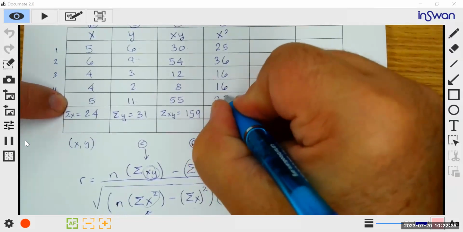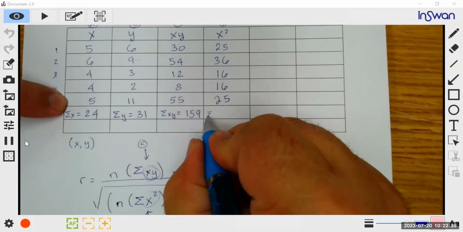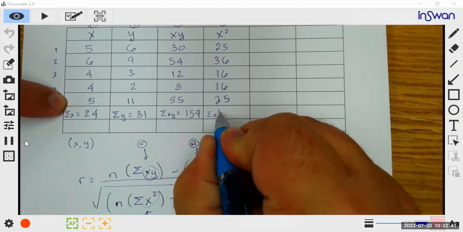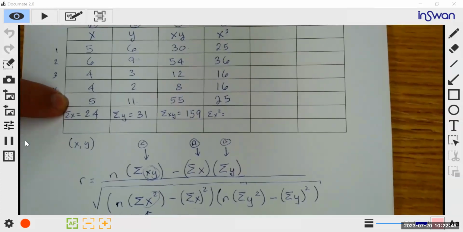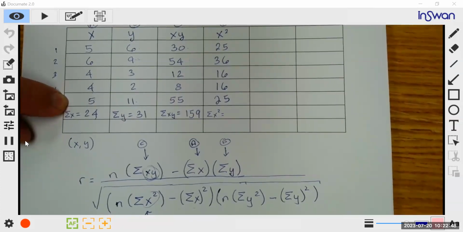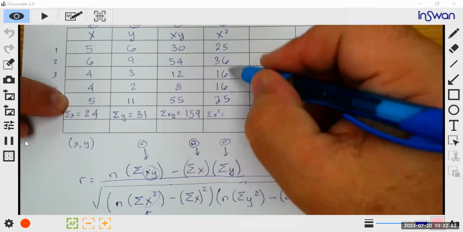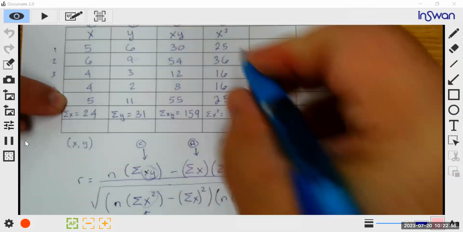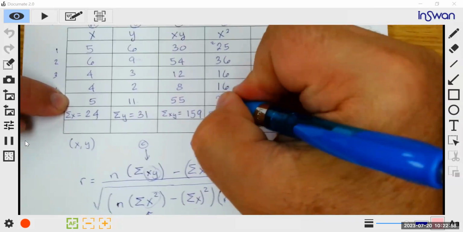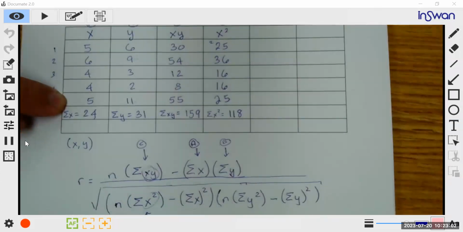And 5 squared is 25. So now I add up all my x squares. 10 plus 18 is 28, and so on, for 118.